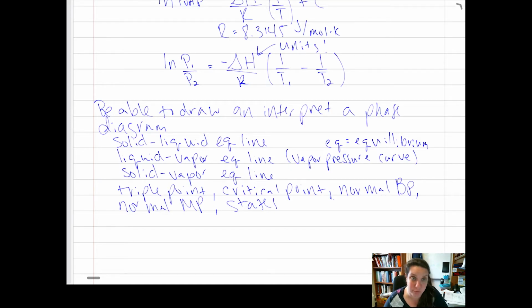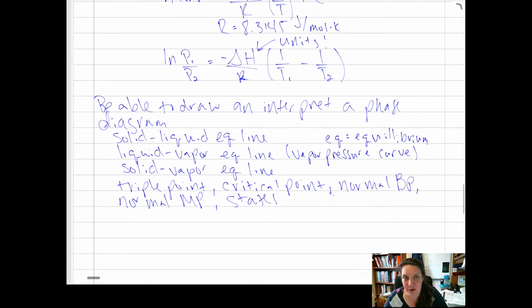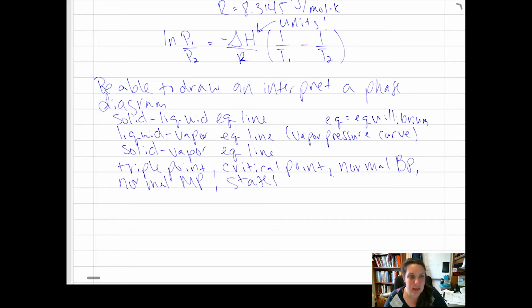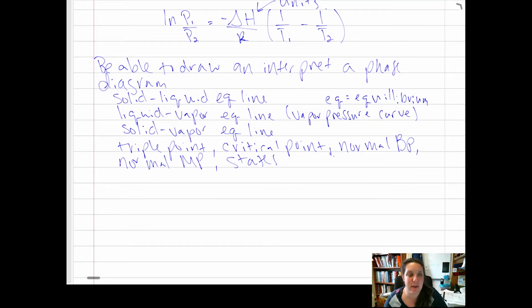We also have supercritical fluids. Supercritical fluids have gas and liquid-like properties, so they are low viscosity, high density, they can effuse through a solid, and they can solubilize solids. So just understand what a supercritical fluid is. And also you want to be able to recognize what liquid crystals are.